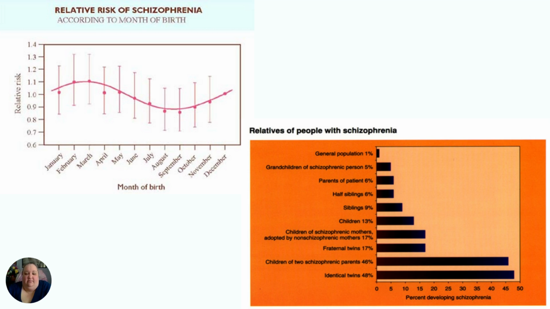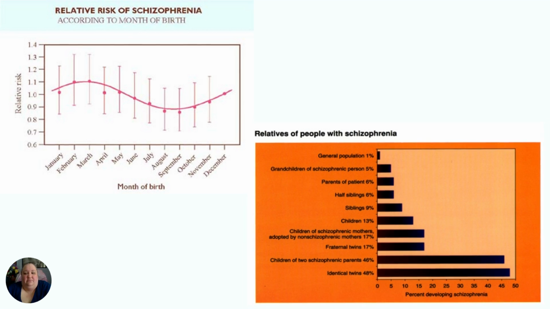Children with schizophrenic parents, again, it does run in genetic pools. So a child with a schizophrenic parent can have a higher risk of schizophrenia. And identical twins have the highest rate next to a child of two parents that have schizophrenia. It's extremely unusual for two parents to have it. That would almost double the rate of a child having it.